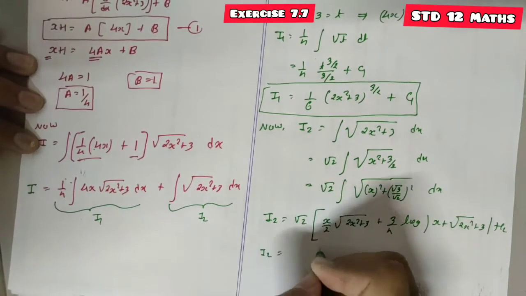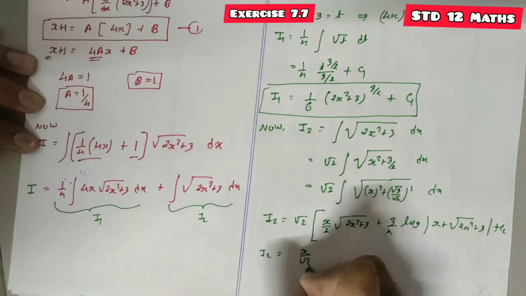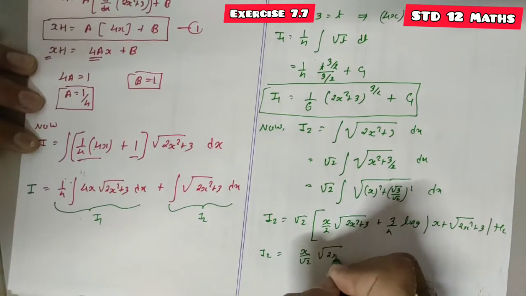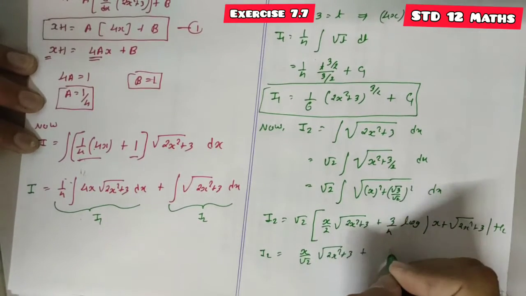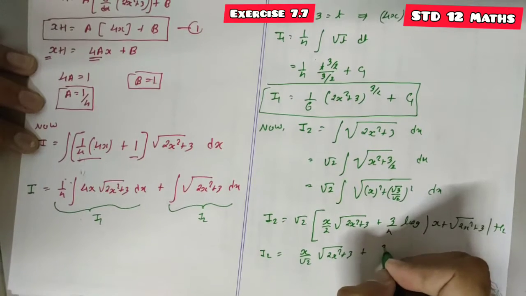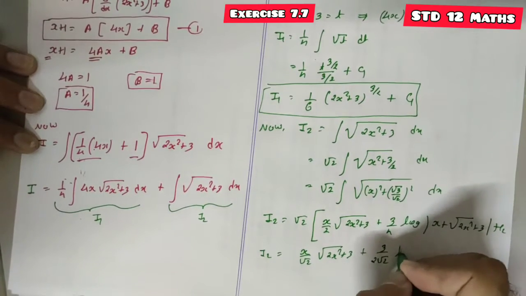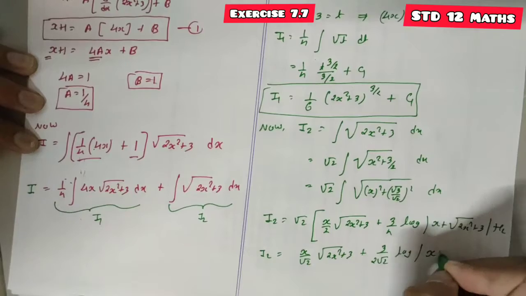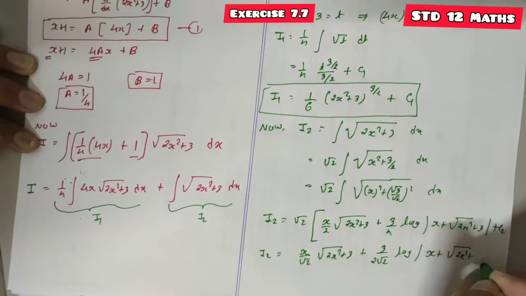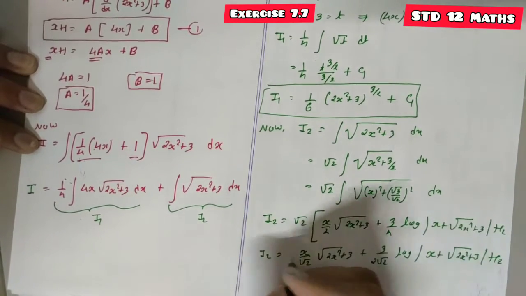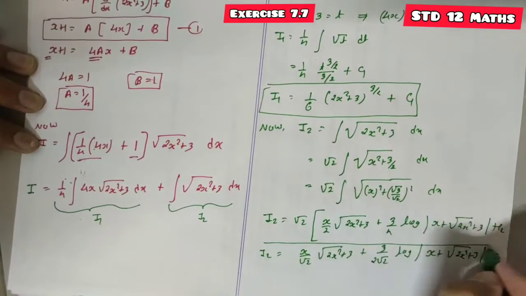So our I2 is x upon root 2 into square root of 2x square plus 3 plus 3 upon 2 root 2 log mod x plus square root of 2x square plus 3 plus c2. This is our I2.